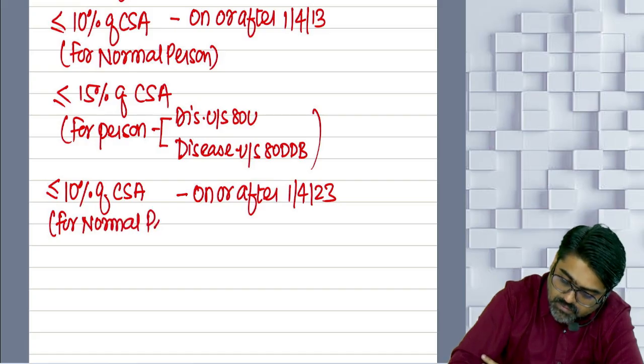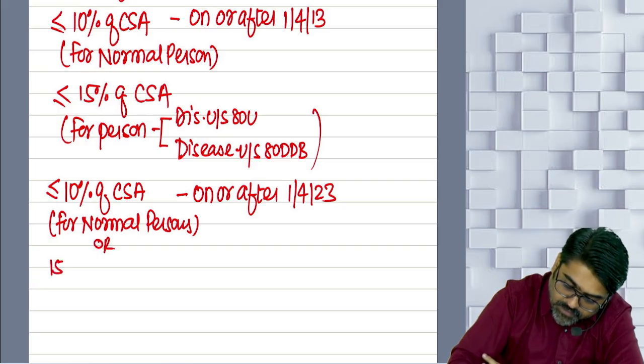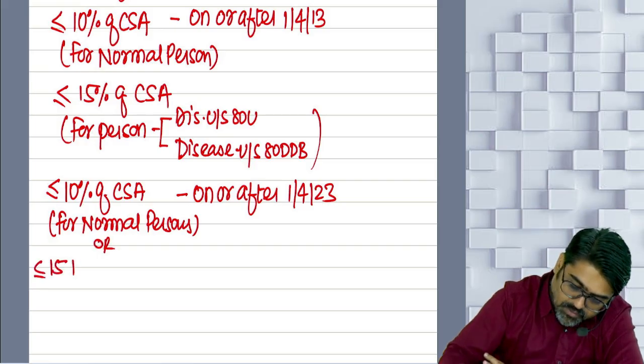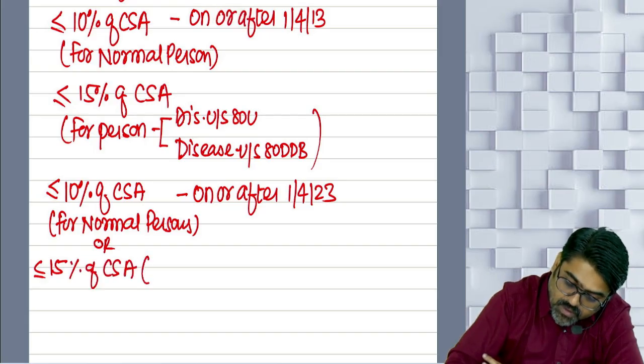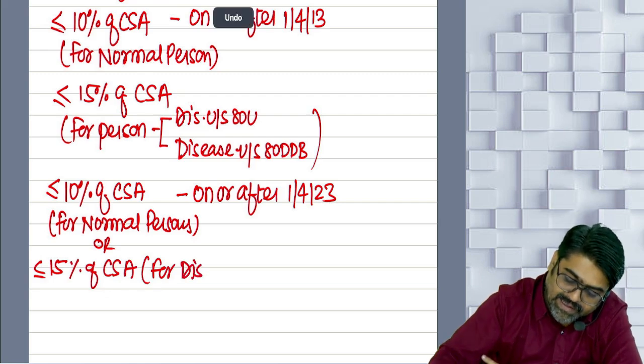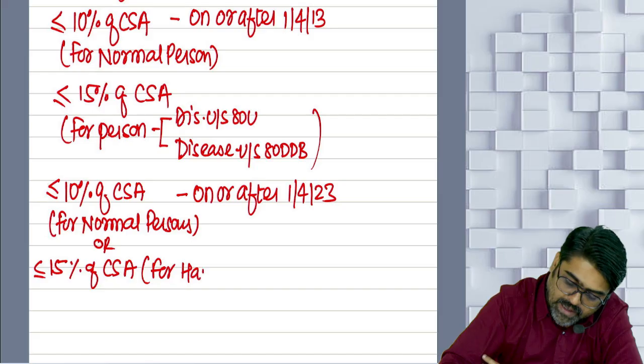Or less than or equal to 15% of capital sum assured for a disabled person. Handicap, etc. I am writing handicapped person.